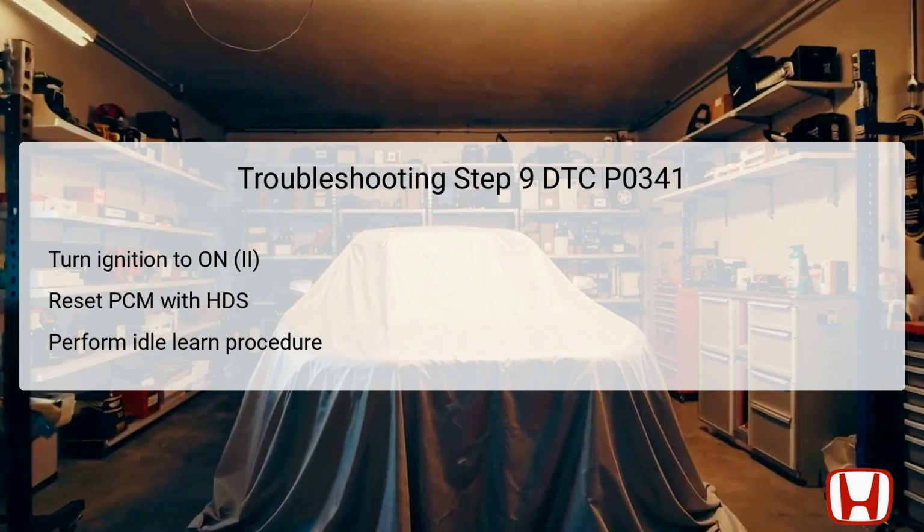Afterward, conduct another test drive at speeds between 19 to 38 miles per hour for 10 minutes, followed by checking for any pending or confirmed DTCs. If the P0341 DTC is still indicated, further investigation into the electrical connections and terminals related to the VTC oil control solenoid and PCM is necessary.